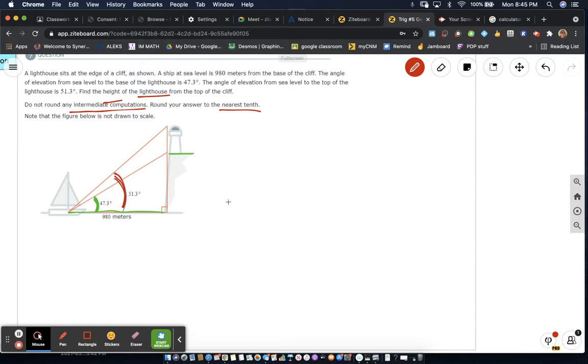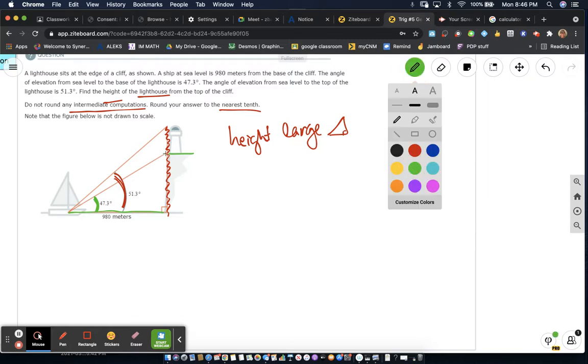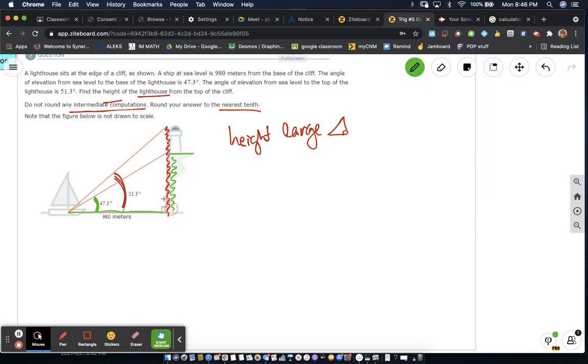Think about this. What we need to do is figure out this whole height. We can figure out the big long side, the height of the large triangle. And then to find the lighthouse, we need to subtract the cliff height, which is the height of the smaller triangle.